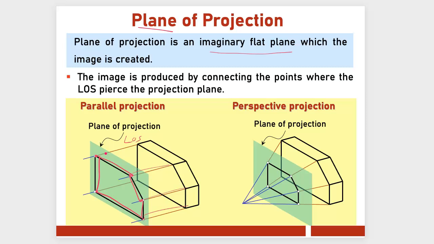It maintains the original features of the object that we want to draw. Meanwhile, for perspective projection, you can see that the features are maintained to some extent, but when we are drawing it at this point, when you put a plane over here, what you're going to get is just a dot, right? Because perspective projection does not maintain the features.